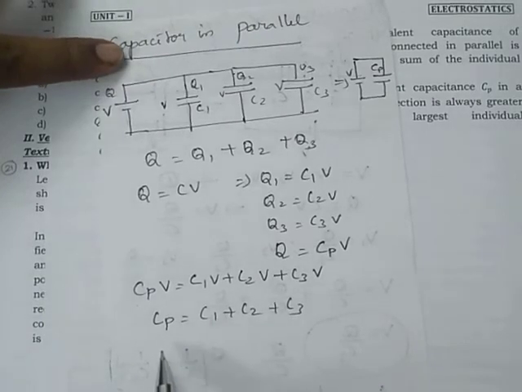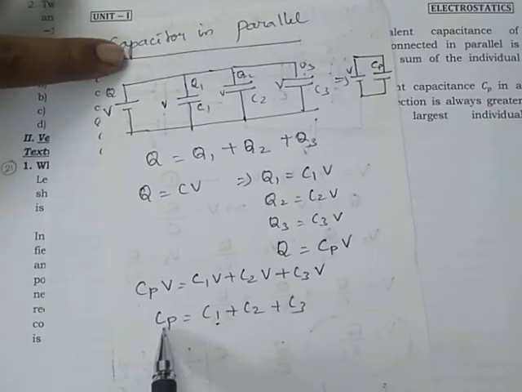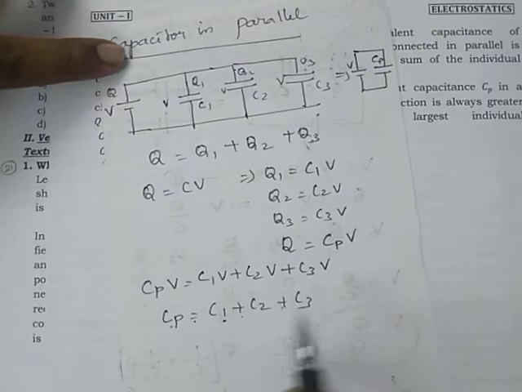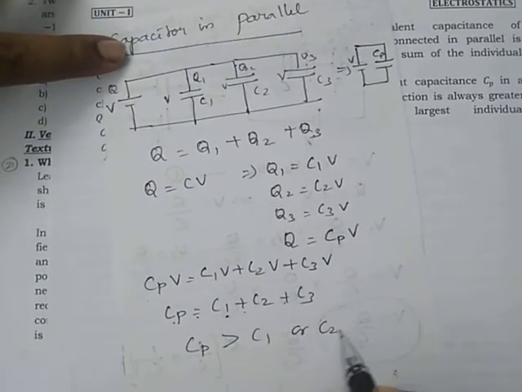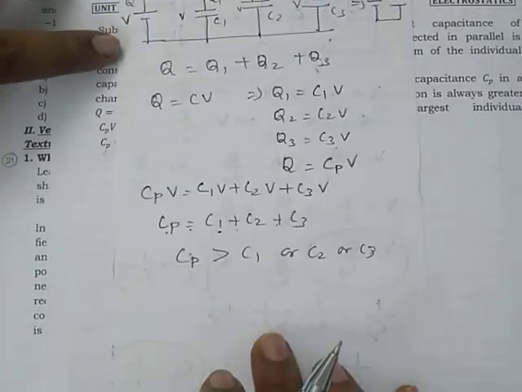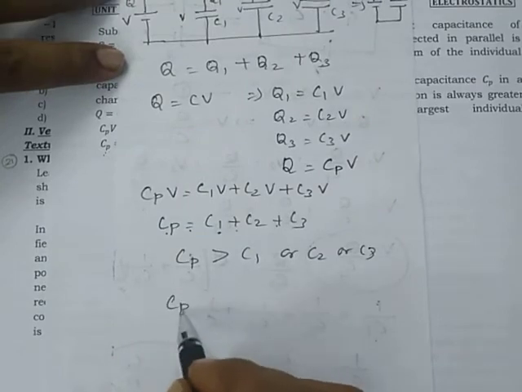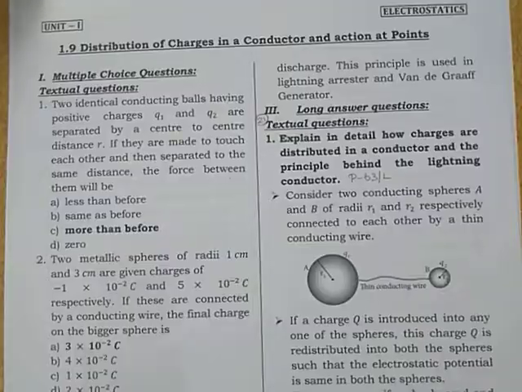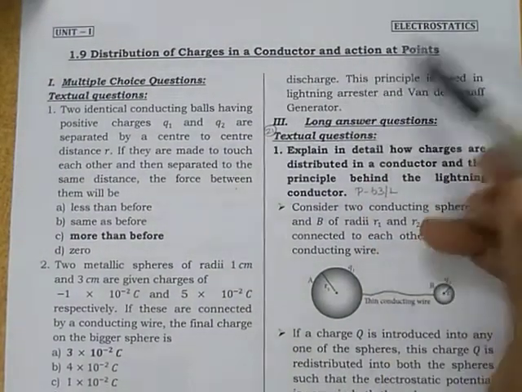If capacitors are connected in parallel, then the effective capacitance is equal to the sum of the individual capacitances. Always Cp is greater than C1 or C2 or C3. If n capacitors of the same capacitance are connected in parallel, then Cp = nC. Our next topic: distribution of charges in a conductor and action at points.